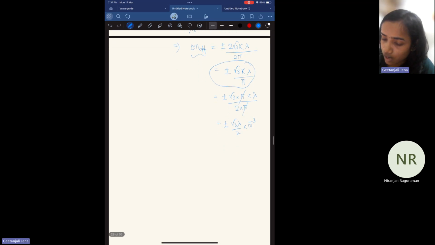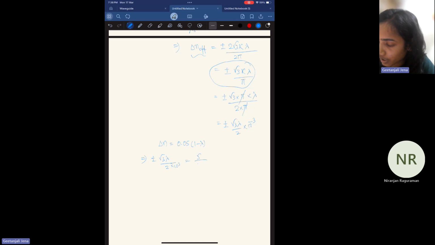Okay, so now let us solve it. So this is 0.05, 1 minus lambda, and this is plus or minus root 3 lambda by 2 into 10 to the 3.